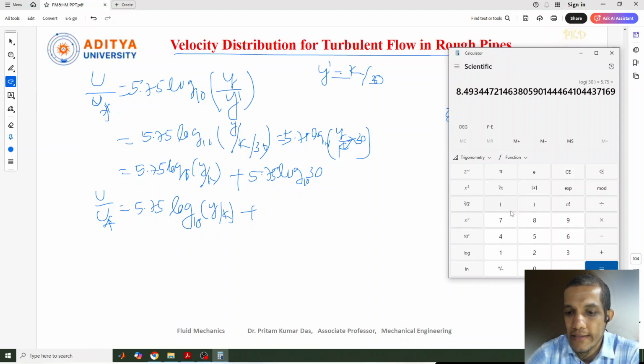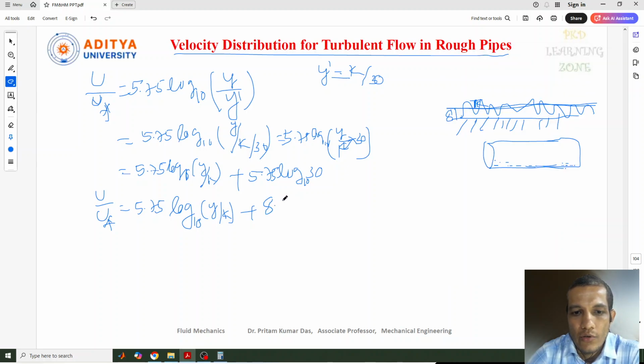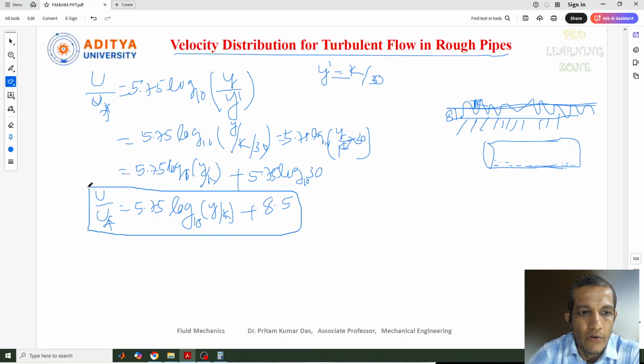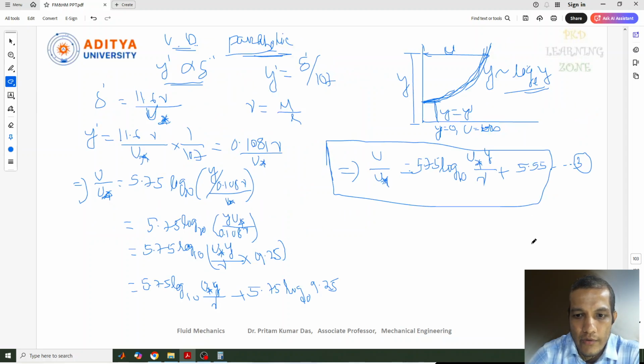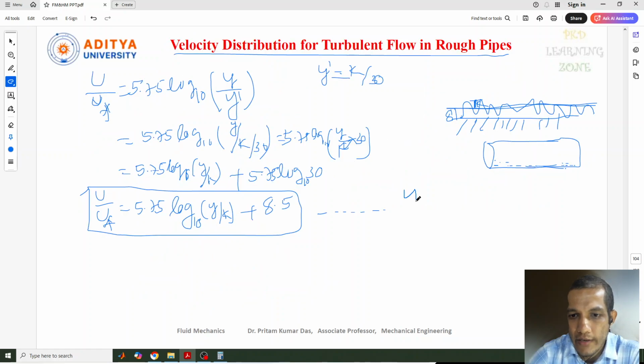That means we can write this as 8.5, no issue. This is the equation for the velocity distribution for the rough pipe. So equation 3 completed. Now we can give it equation 4 here.